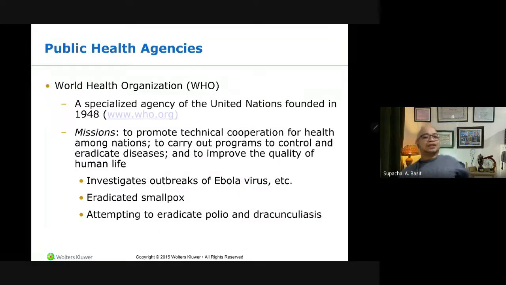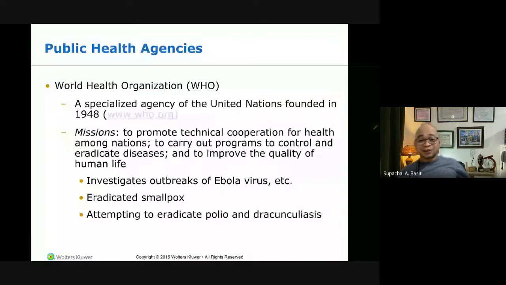Now, the World Health Organization is a specialized agency of the United Nations that was founded back in 1948. The mission of the World Health Organization, or WHO, is to promote technical cooperation for health among nations, including the Philippines, to carry out programs to control and eradicate diseases, and to improve the quality of human life.